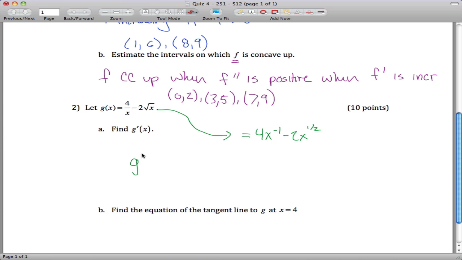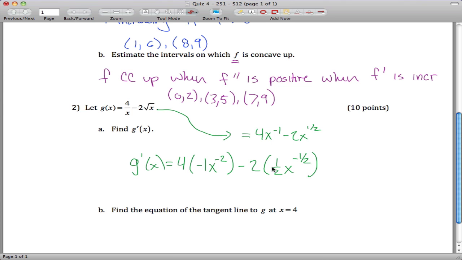Because if you got that, then you could say g prime of x is 4 times negative 1 x to the negative 2, minus 2 times 1/2 x to the negative 1/2. So I took the exponent, brought it down in front, and then subtracted 1 from the exponent.